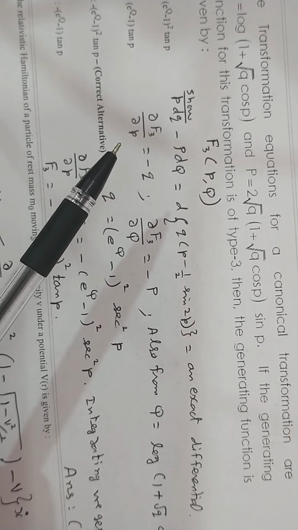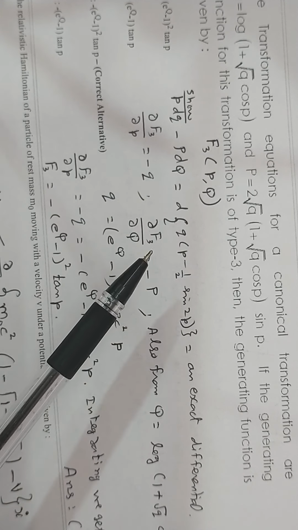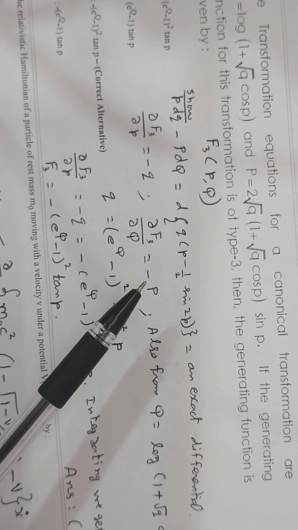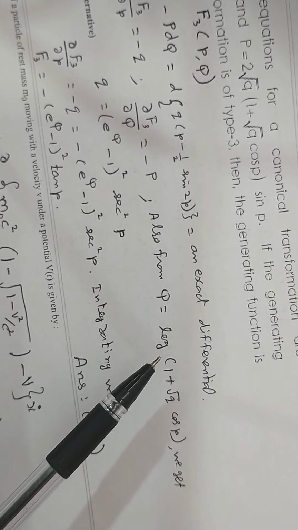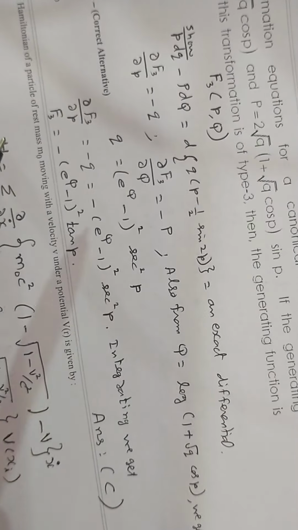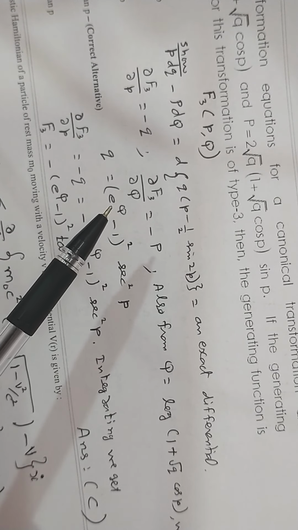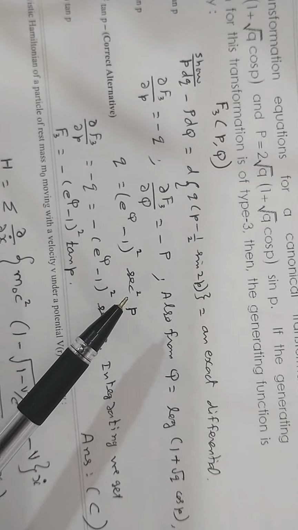Now we have this relation: partial dF3 by dp is equal to minus q, partial dF3 by dQ is equal to minus P. Also, since Q is given, from this we can easily get small q is equal to (e power Q minus 1) whole square secant square p.